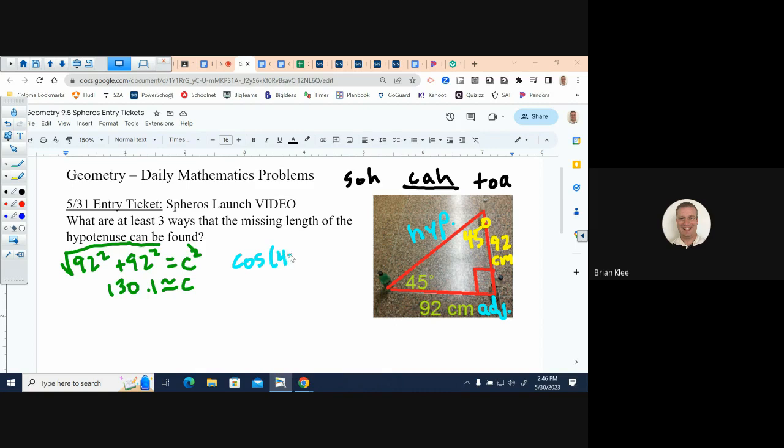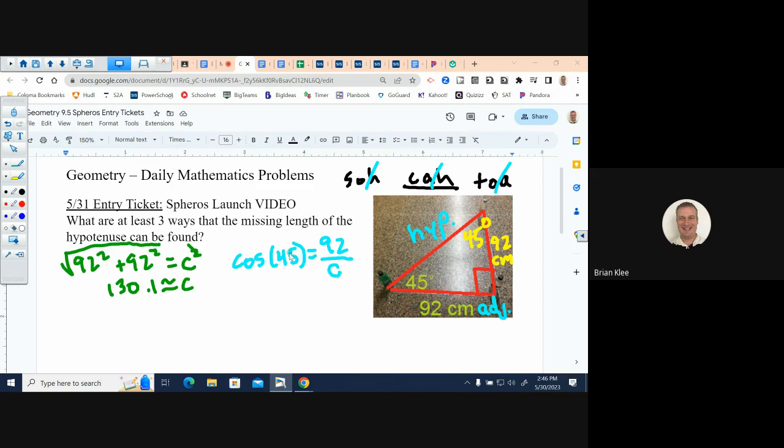of 45 equals adjacent goes on top, 92, and hypotenuse, let's call it C again. Hypotenuse goes on the bottom.